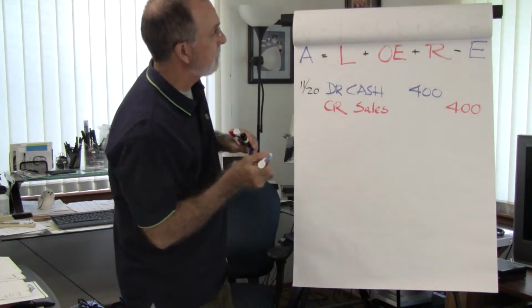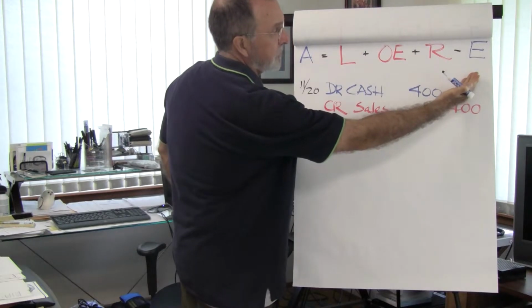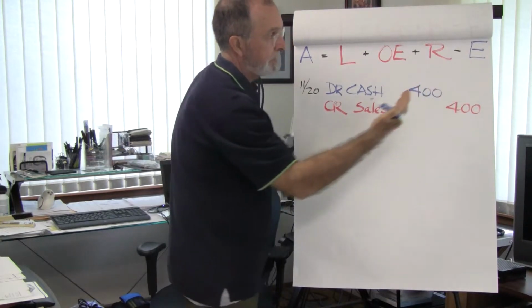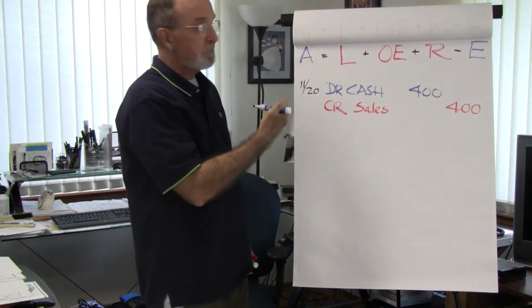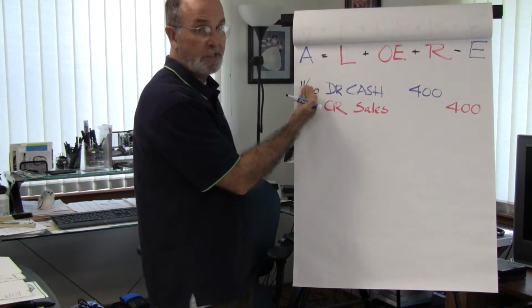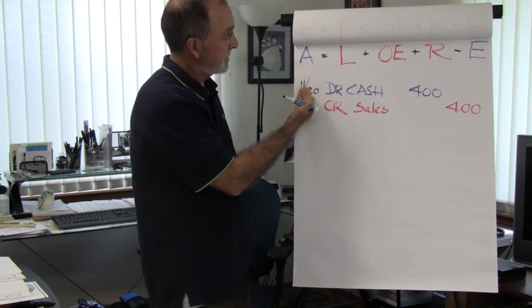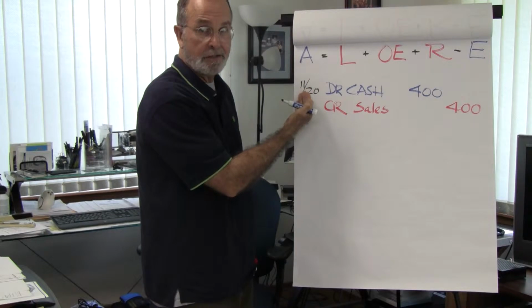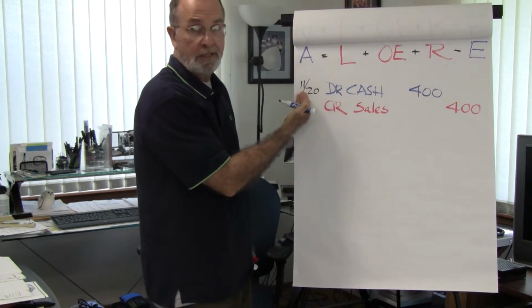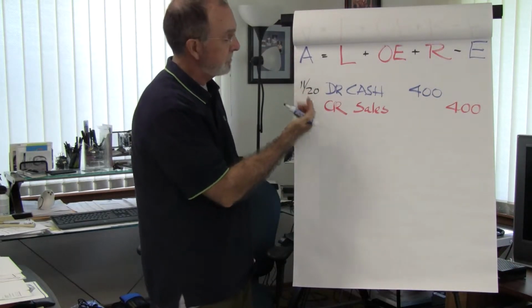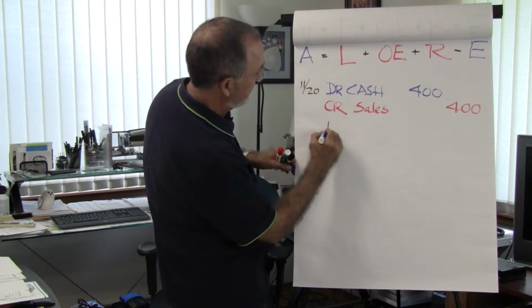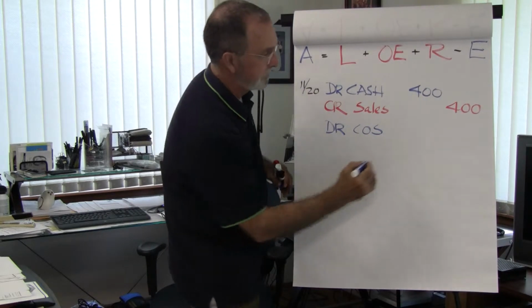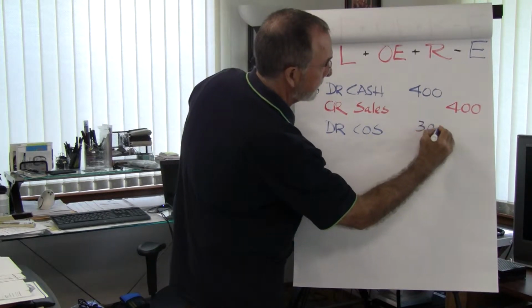And so cost of goods sold is recorded as an expense over on the right side of the equation. And if you recall from the previous lesson, that inventory is sitting in an asset account called merchandise inventory. And so when we sell inventory, we need to show that the inventory account has been reduced. And so the way we would do that is with a debit to the account cost of sales in the amount of $300.